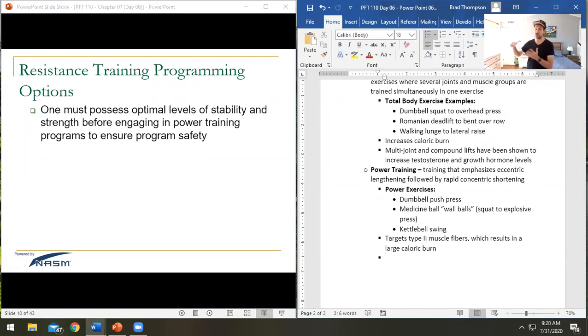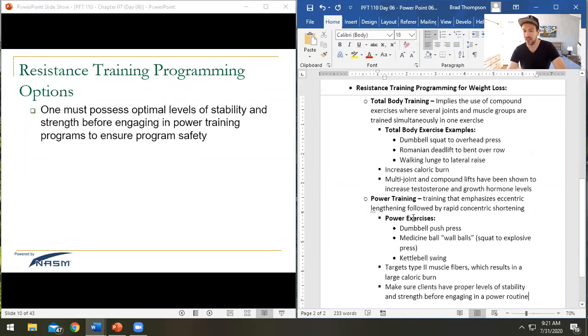And then eventually you're going to transfer into doing regular power exercises for a small cycle. And that's going to maximize calorie burn. Make sure clients have proper levels of stability and strength before engaging in a power routine.